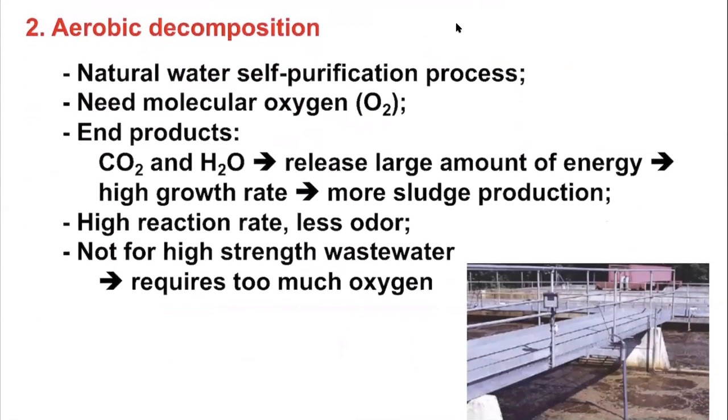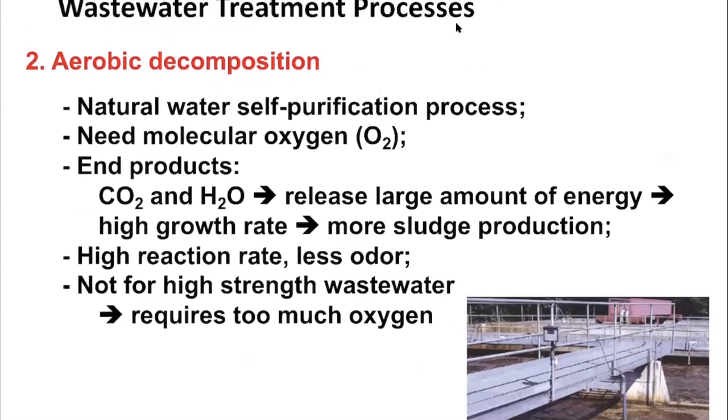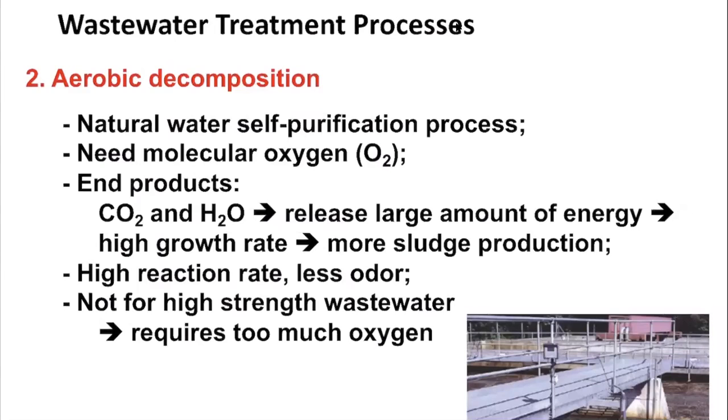So further, in terms of these consumption processes, I think we introduced them briefly in the ecosystem, right? So there are different consumption mechanisms. So there can be aerobic decomposition. So aerobic decomposition basically involves oxygen. So it's like animal cells, right?